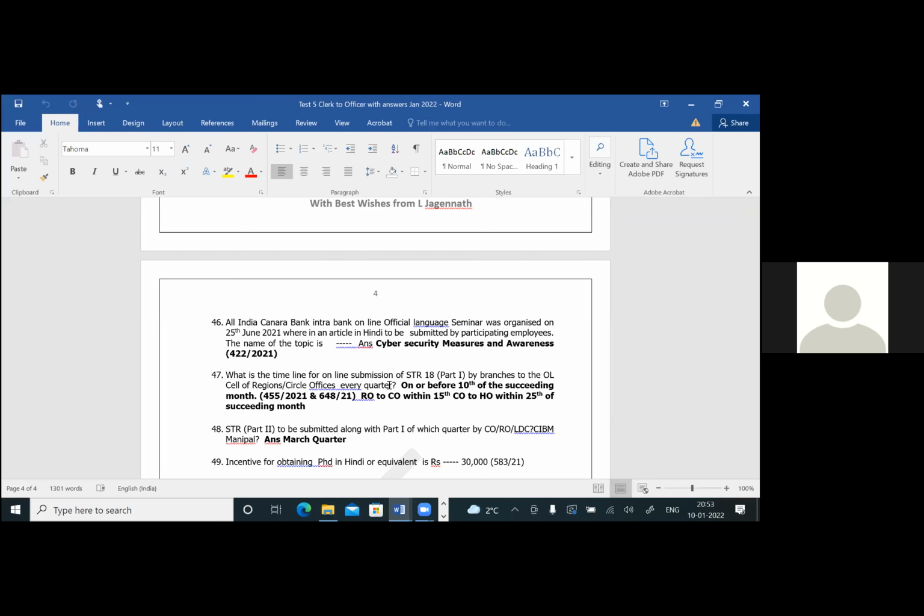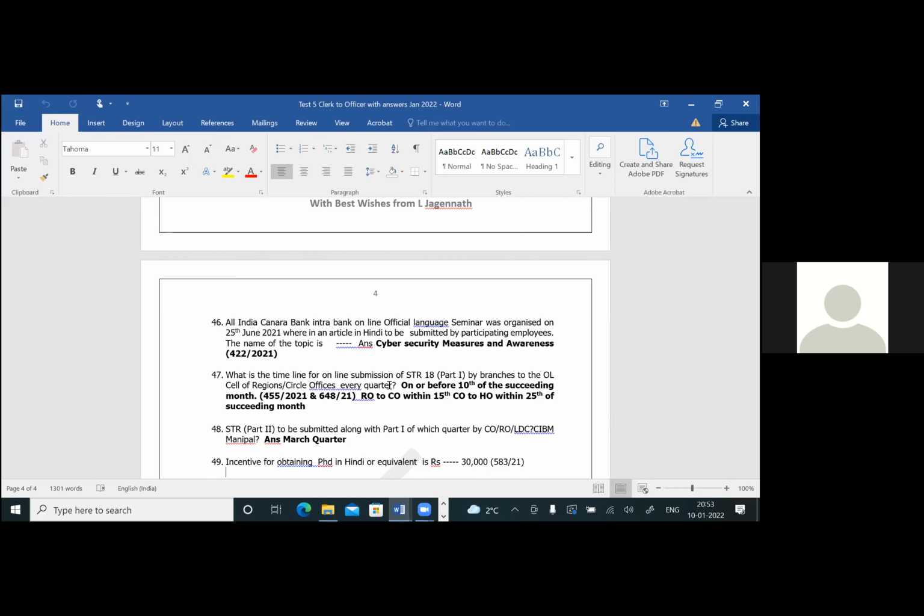It is quarterly. Every quarter you have to conduct the departmental official language implementation committee. Similarly, every calendar quarter, STR 18 is to be submitted by branches to the RO. If the branches come directly under the circle office, they have to submit to the circle office. Then what is part 2?